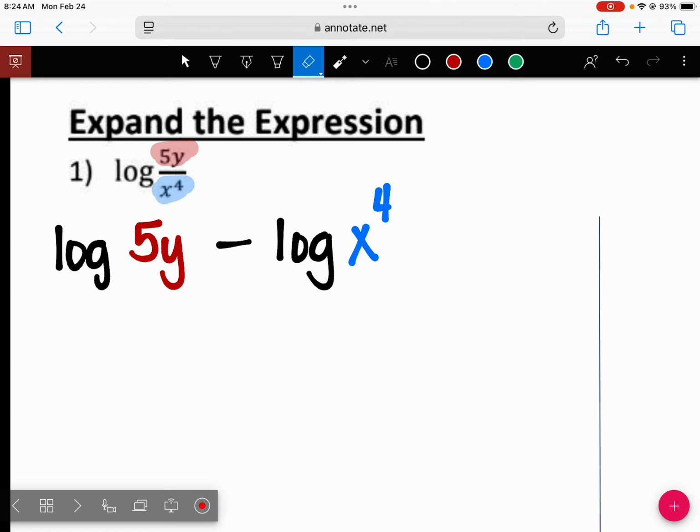Then you're going to see if there's anything being multiplied. Now these are actually two terms. This is a 5 times a y. This is multiplication. So we need to break that apart with addition.